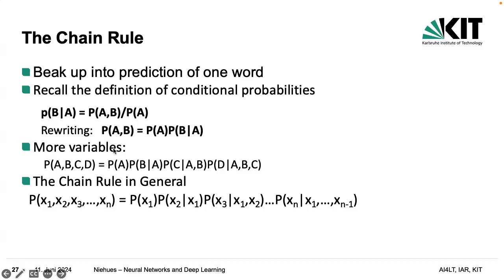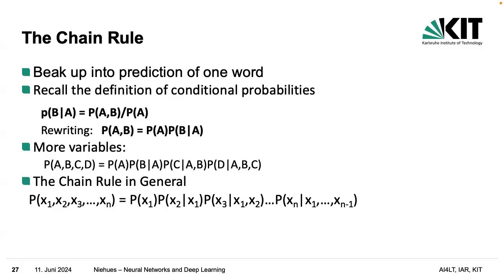The nice thing is that you can easily extend it to any number of variables. And that is important for language, because that means we can now calculate the probability of a sequence of words x1 to xn as the probability of the first word times the probability of the second word given the first word times the probability of the third word given all the previous, and so on.